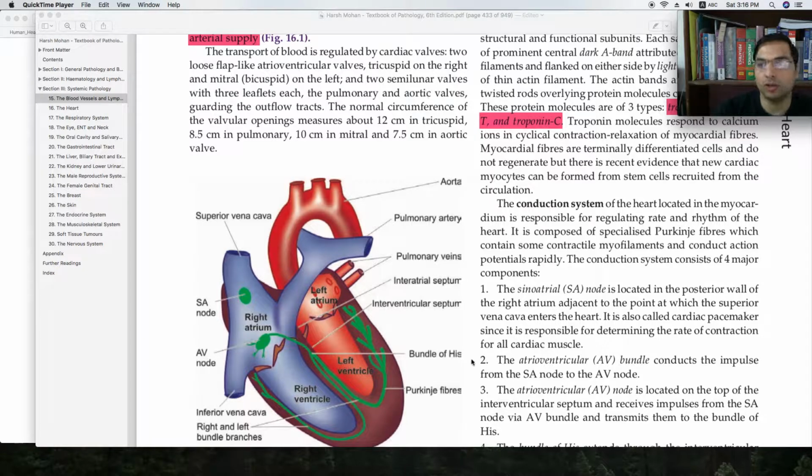So there are a total of 4 valves: 2 atrioventricular valves, the bicuspid valve and the tricuspid valve, and the bicuspid is also called the mitral valve. And there are 2 semilunar valves, one in the pulmonary artery and one in the aorta.